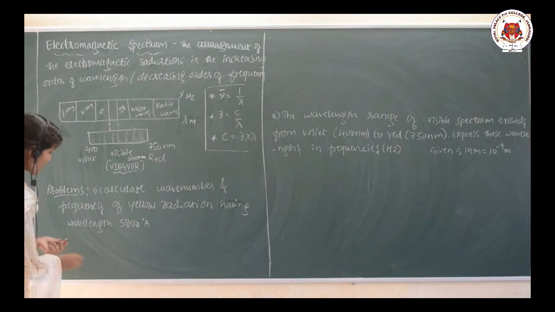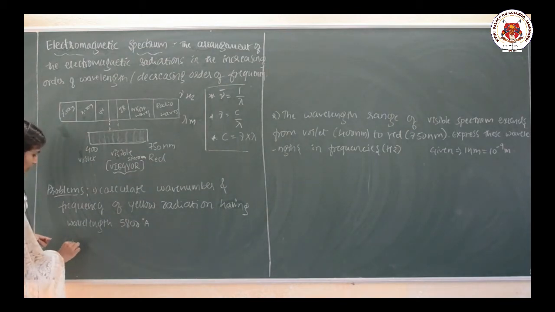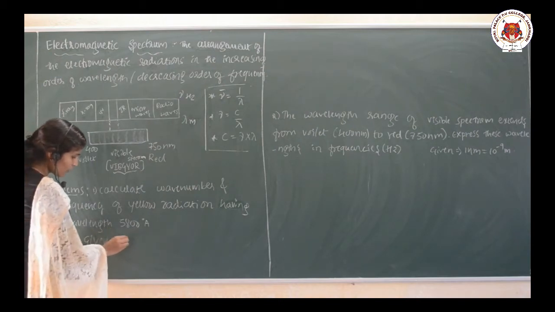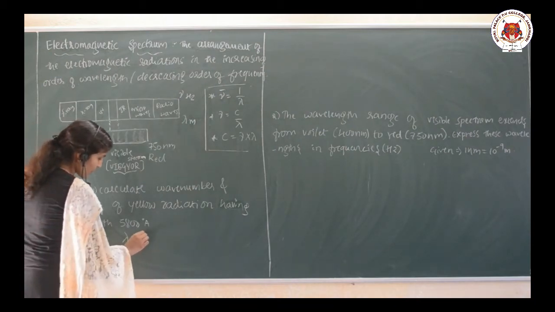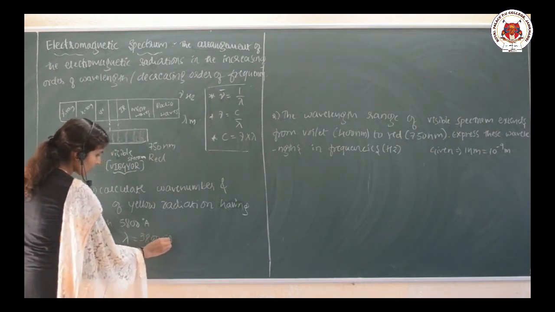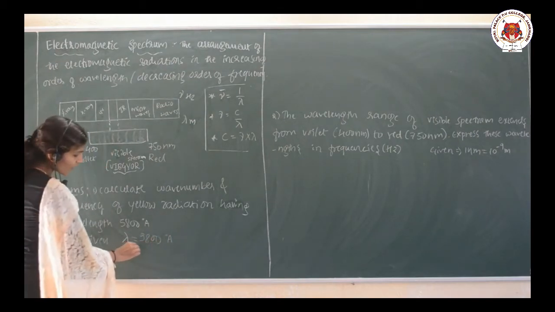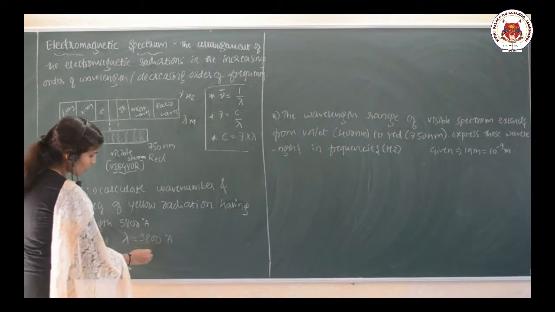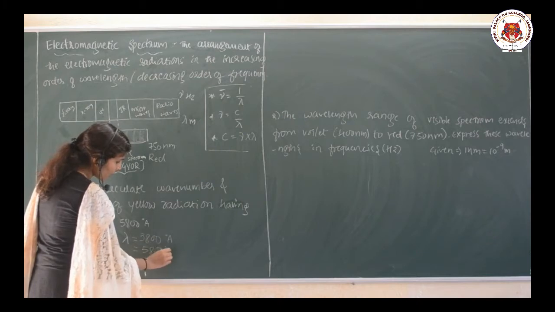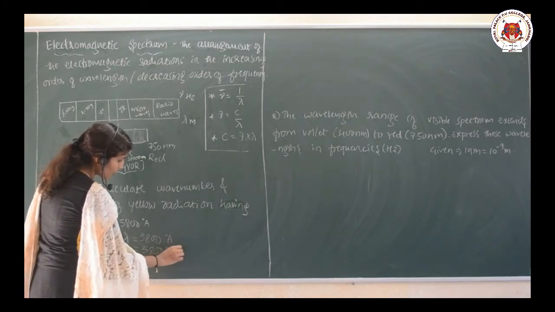So, what is the question? First, write down the points which they have given. Wavelength, that is lambda, they have given as 5800 angstrom, and angstrom should be converted into meters, that is 5800 into 10 to the power minus 10 meter.